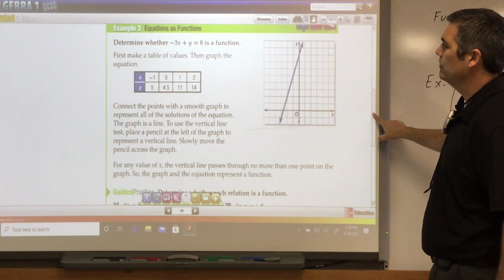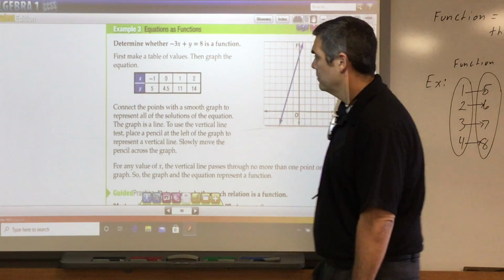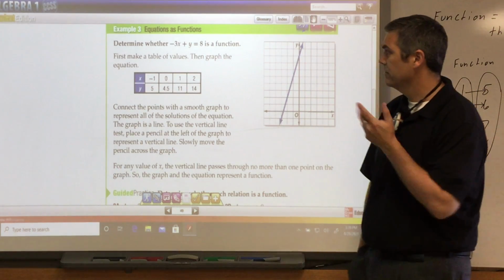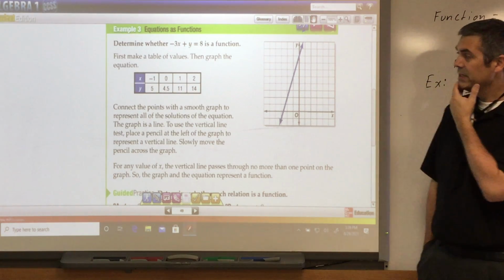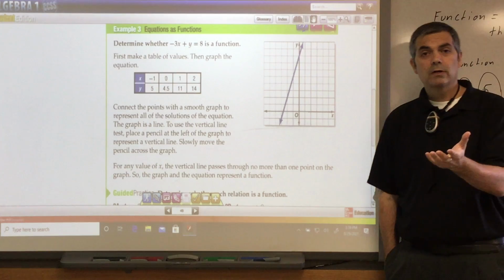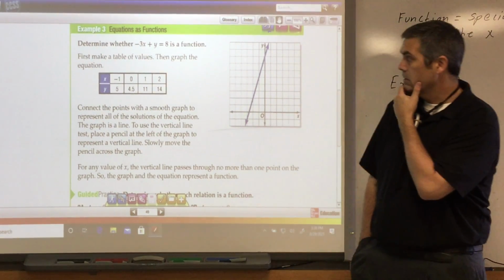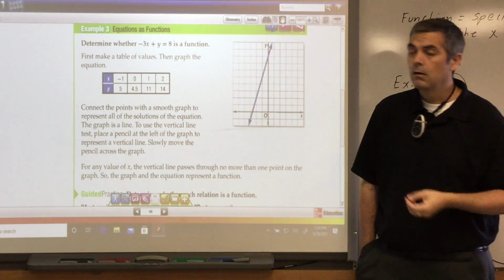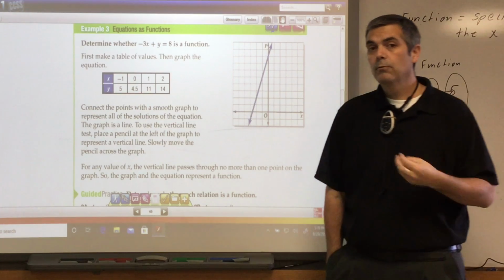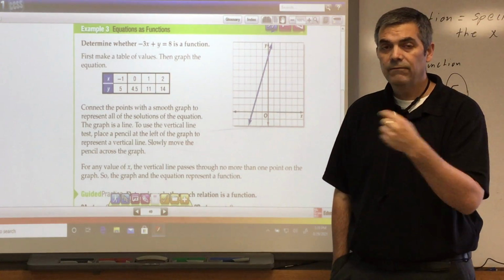All right, then they give you the equation. And what they want to do is they want to say, hey, determine whether this equation is a function or not. And so for this type of situation, later we're going to take this equation, we're going to turn it into, say, slope-intercept form, or we're going to have different ways that we can solve this to determine if it's a function or not. Right now, all they want you to do is plug in numbers to see if it's a function.